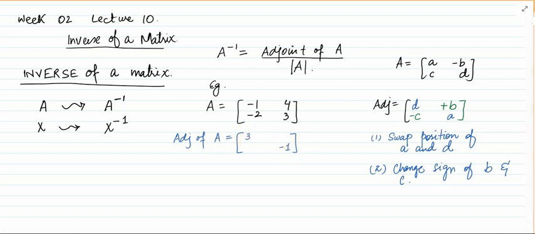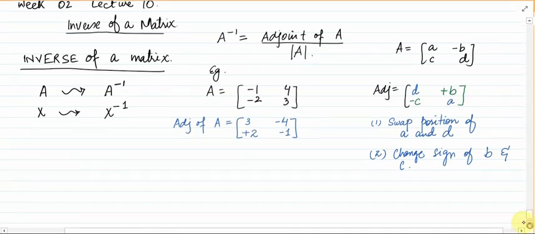The placement of A and D has been swapped. Now the signs of B and C: if it is positive 4, then we write it negative 4, and if it's negative 2, then it will be positive 2. So that is the first step completed regarding the inverse of a matrix.